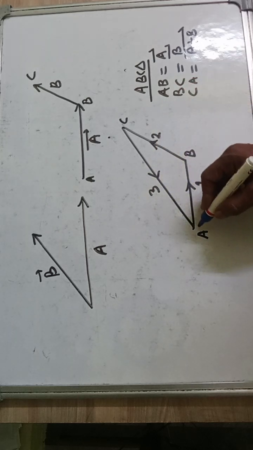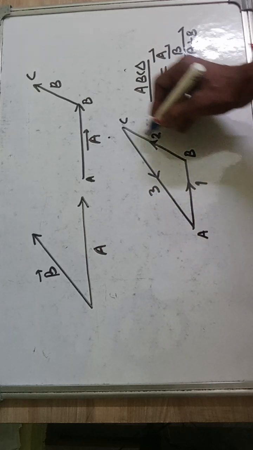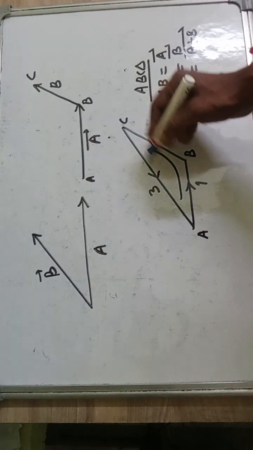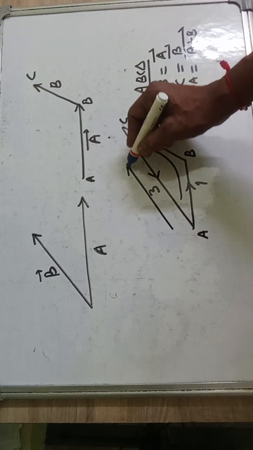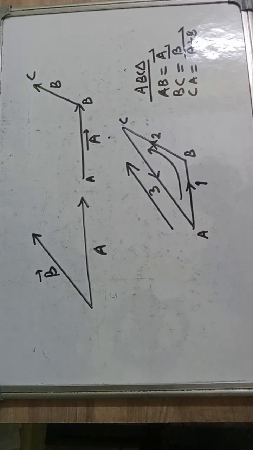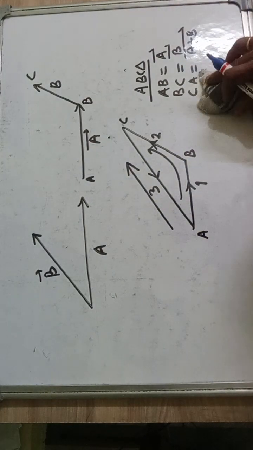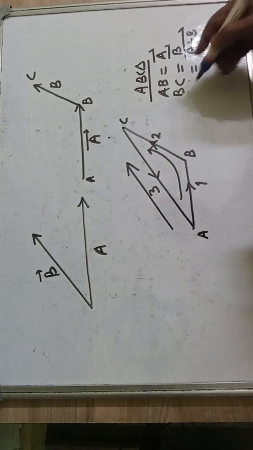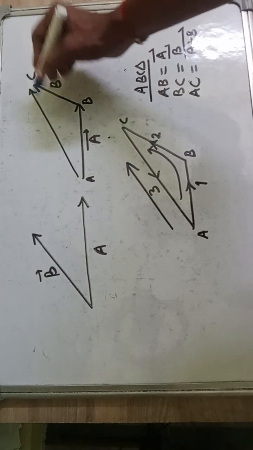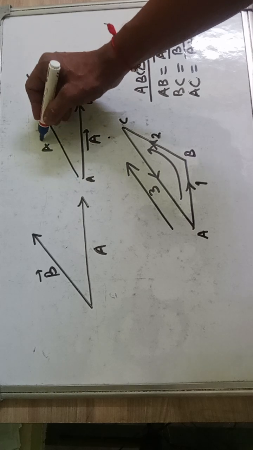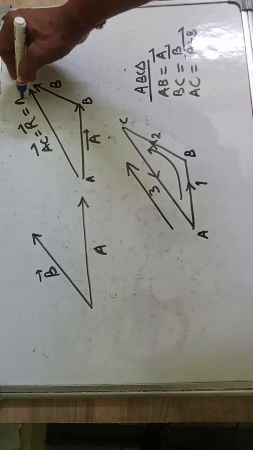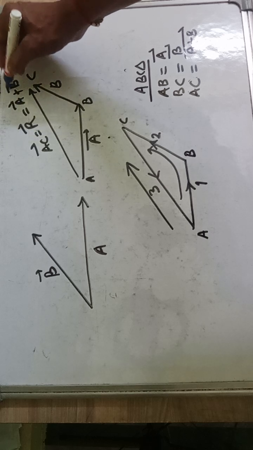That means earlier we added AB and BC in this fashion. The third side will be in opposite order, means AC. AC will be the resultant vector. Here AC is equal to resultant vector R, or it is A plus B.